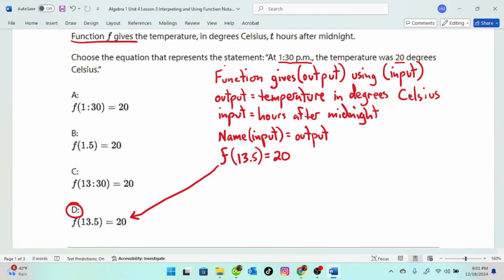It's 1.5 hours after noon. It's 13.5 hours after midnight. And then C is wrong because they used the military time instead of turning the time into the number of hours after midnight. So D is the only one that correctly models this situation.